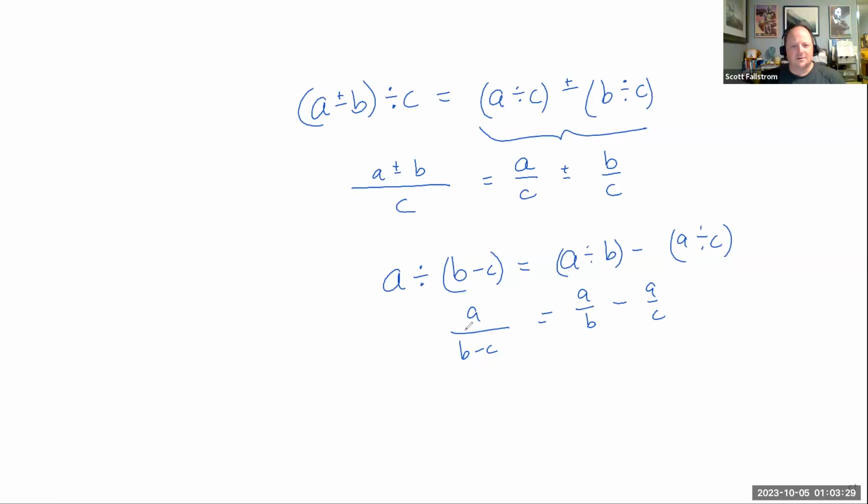Personally, I think the second one is a good one to pick some numbers with, because that is pretty helpful. My go-to for something like this is I'd like one side to divide evenly.